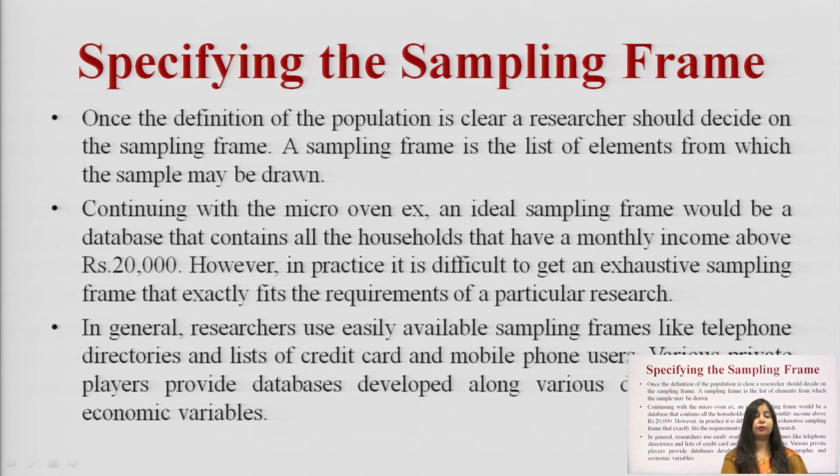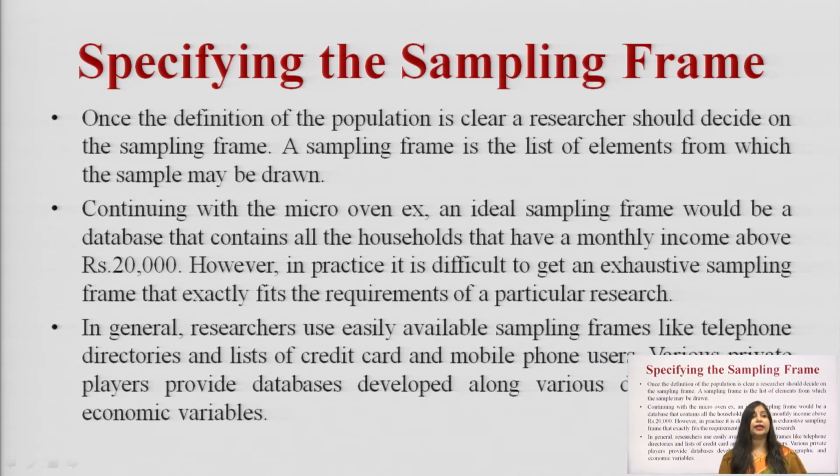For further research, you have identified that you are focusing on households where the women are aged more than 20 and know cooking, and the second criterion you have put is that their monthly income should be more than 20,000 rupees.